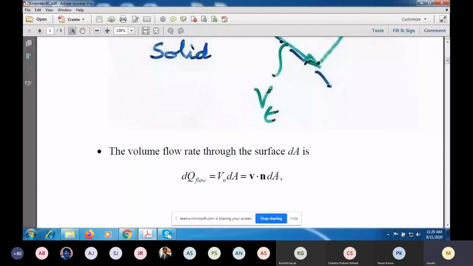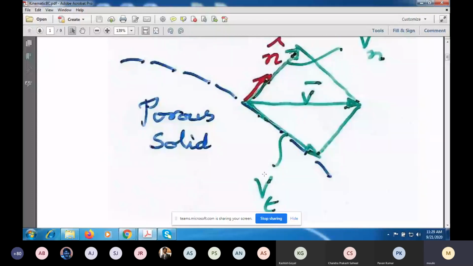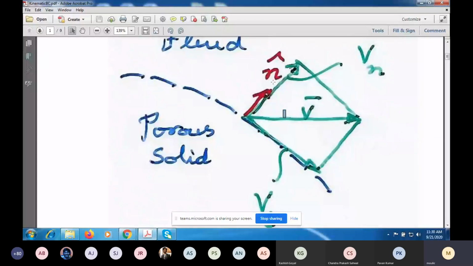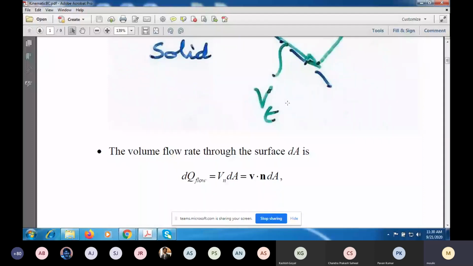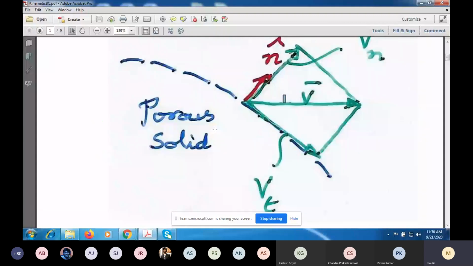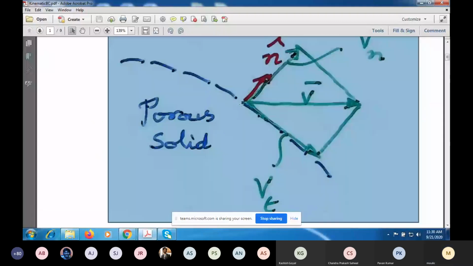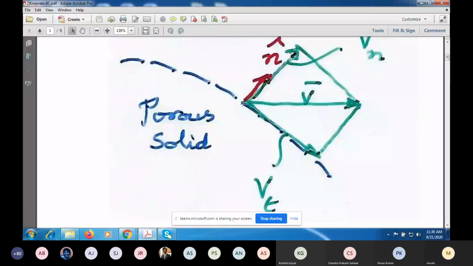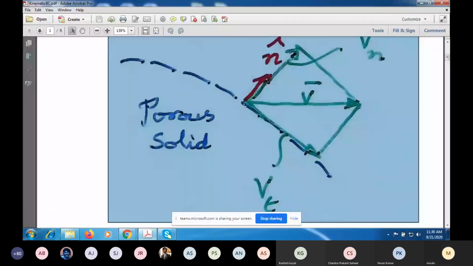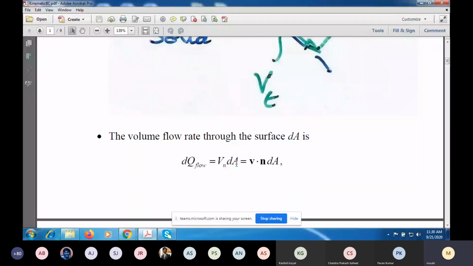So V dot n is V into 1 into cos theta, where theta is the angle between n and V. So we can simply write the dQ flow, the volume of fluid through this infinitesimal area, as V dot n dA.